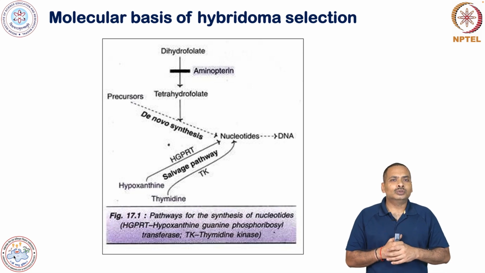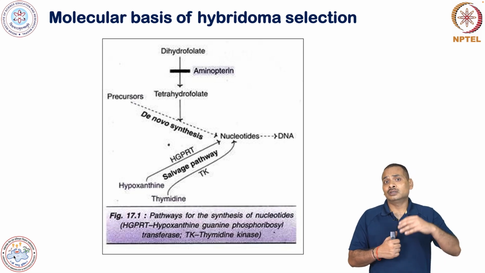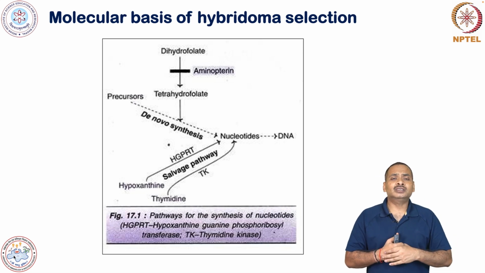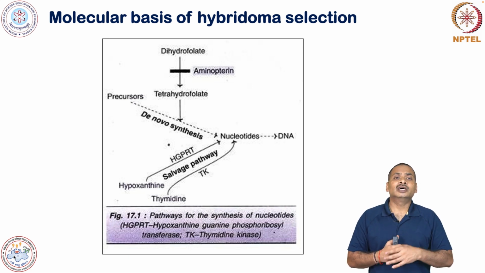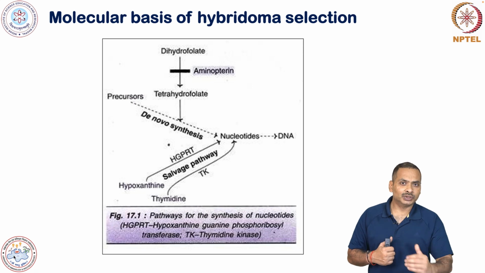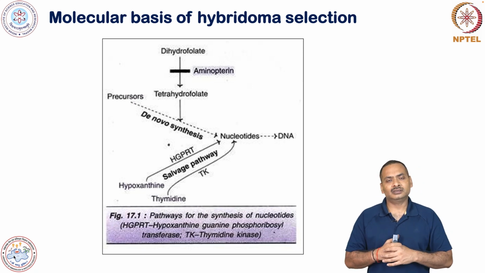So what we do, after fusion we put these cells on a special media, okay, which we call HAT media, which contains hypoxanthine, aminopterin and thymidine, okay.